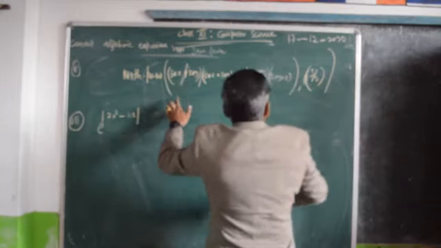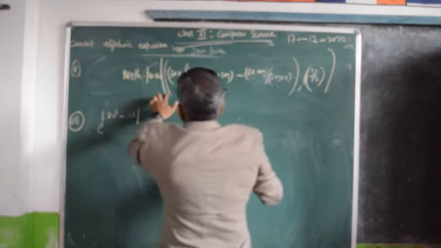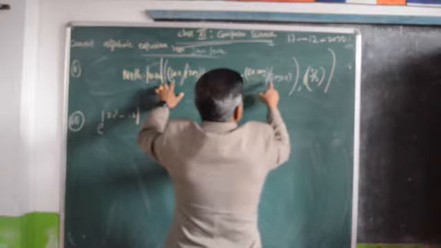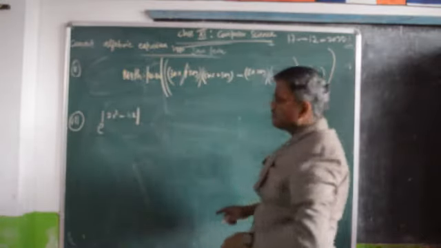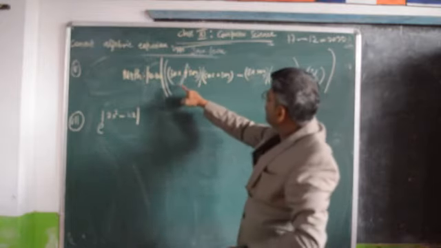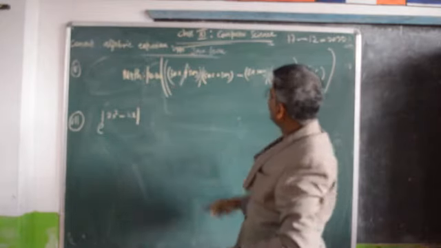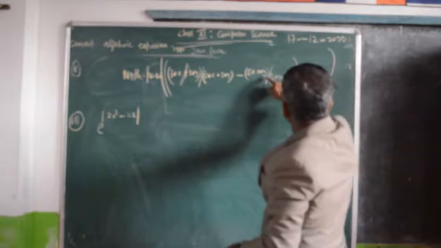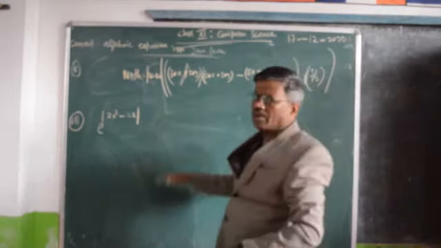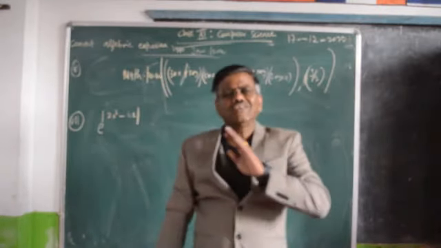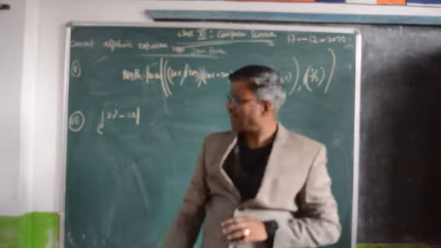So one more has to be added. 1, 2, 3, 4, 5, 6, 7. 7 openings are there. So how many closings are there? 1, 2, 3, 4, 5, 6, 7. So 7 opening parentheses and 7 closing parentheses. So the balancing has been done correctly.